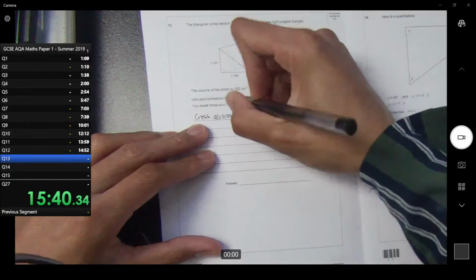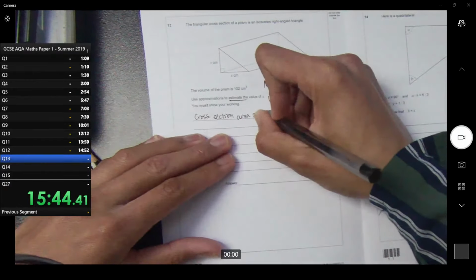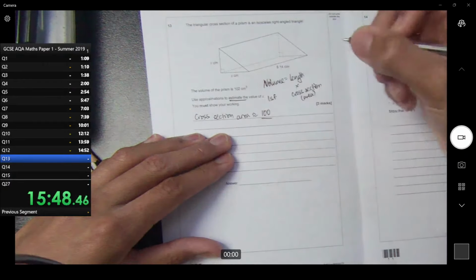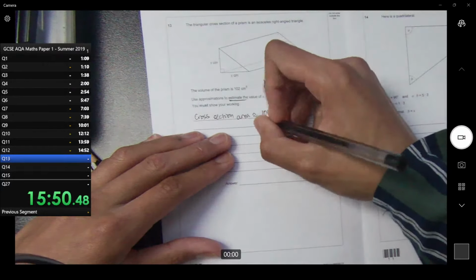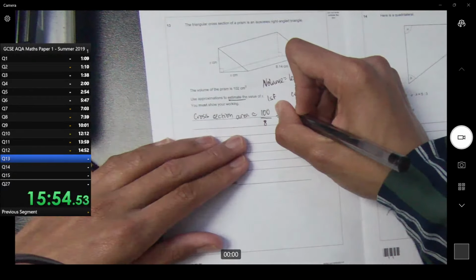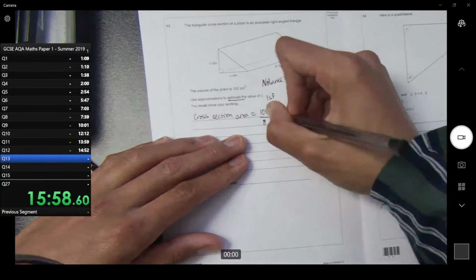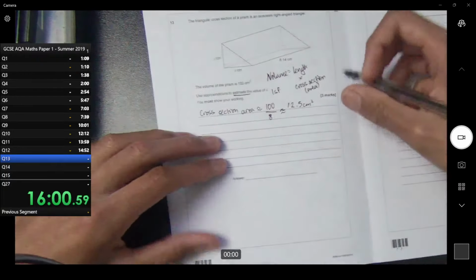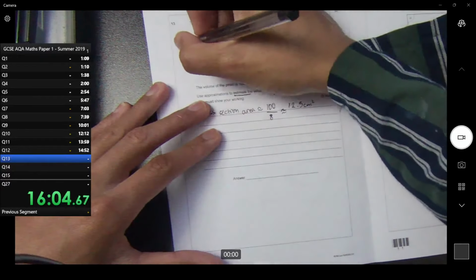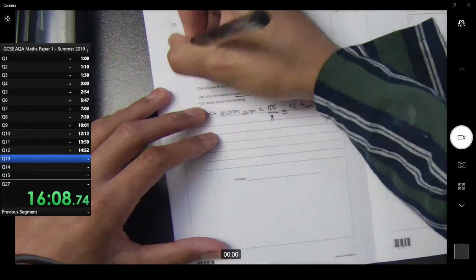Since we're estimating, we round to one significant figure, that's about 100 divided by just 8, that will be 12.5. So since this is a triangle, the area of the triangle is 12.5.